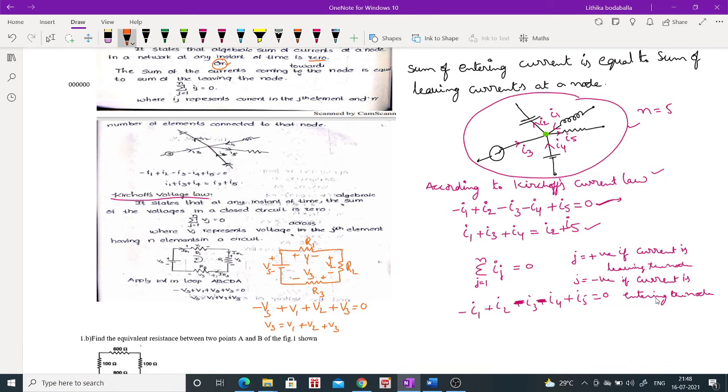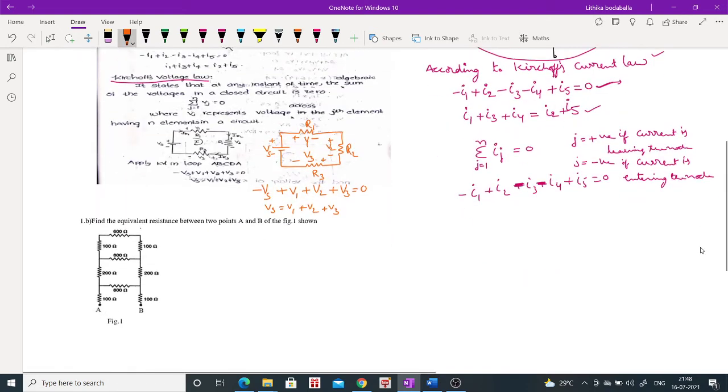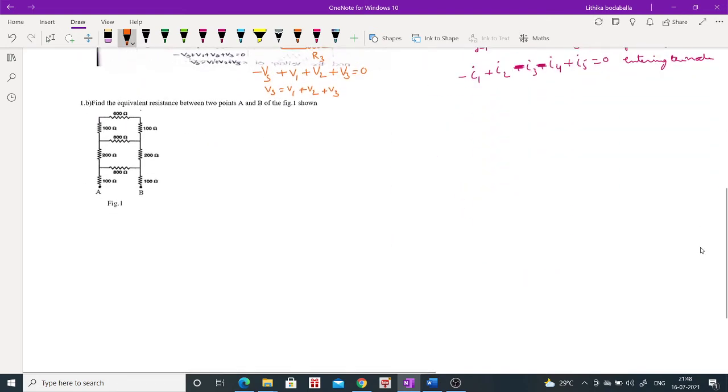Okay. Now let us go to part B. The question is given. Part B, what is he asking? Find the equivalent resistance between the 2 points A and B of the figure shown. So for the circuit shown in the figure, he is asking us to find the resistance between terminals A and B, that is RAB.